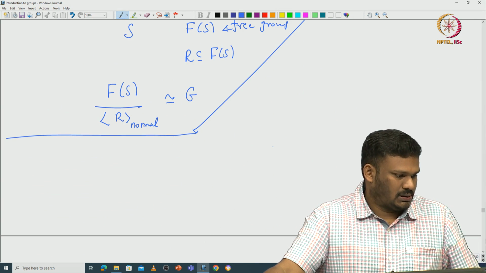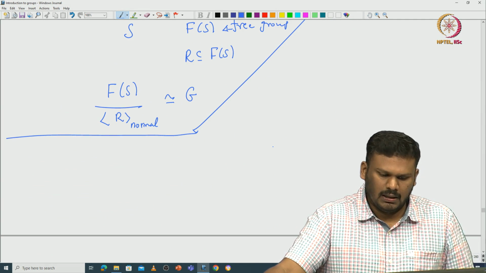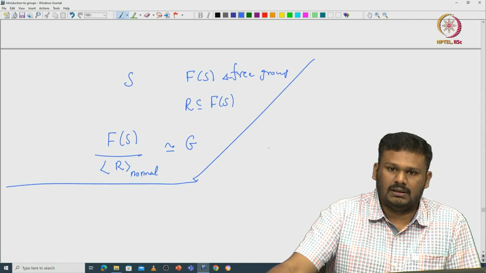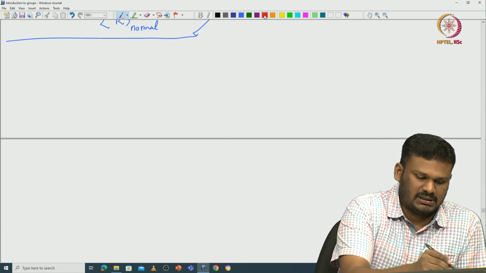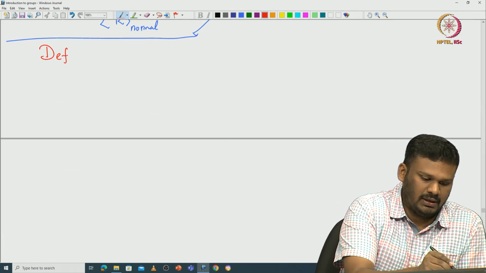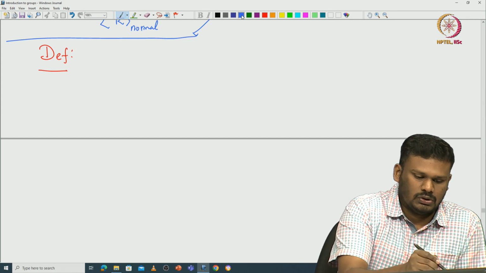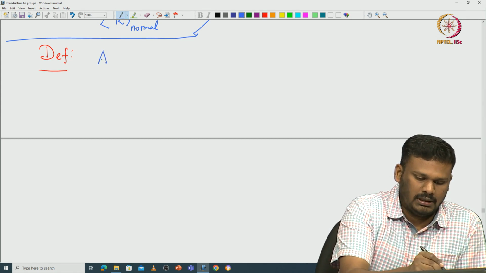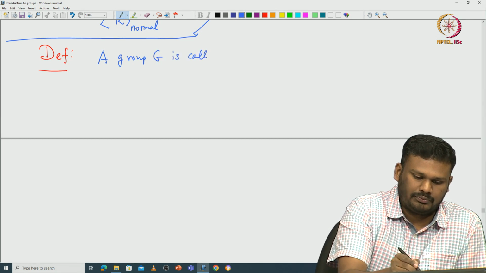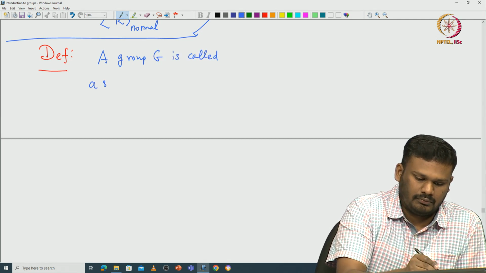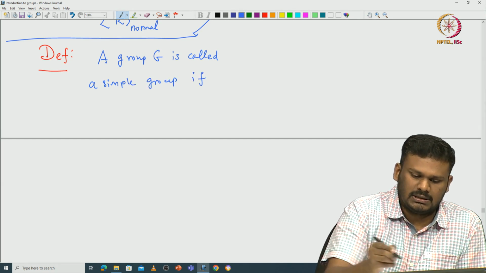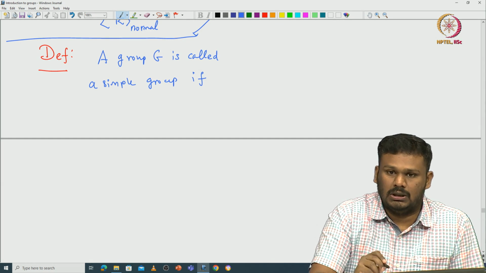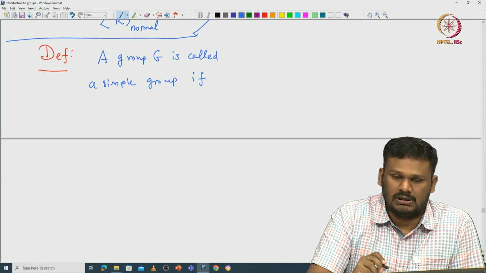Okay, let us move on. Once we define normal subgroups, one can immediately define what is called a simple group. This is again a very important notion. A group is called a simple group if it contains no proper non-trivial normal subgroups.